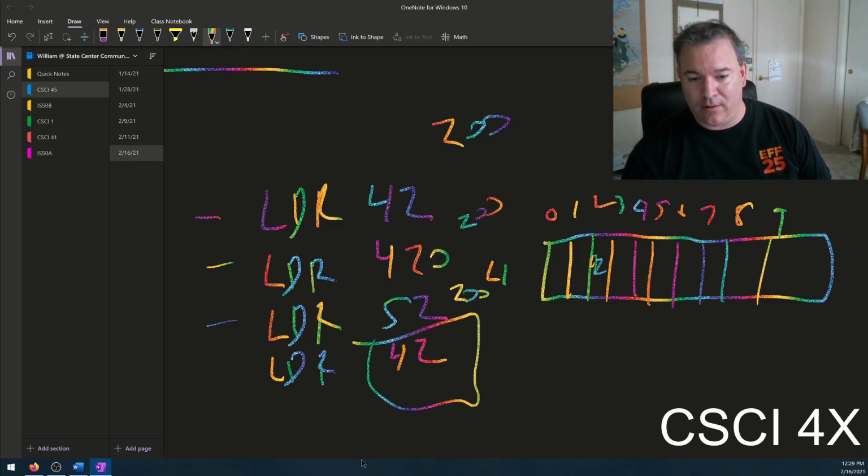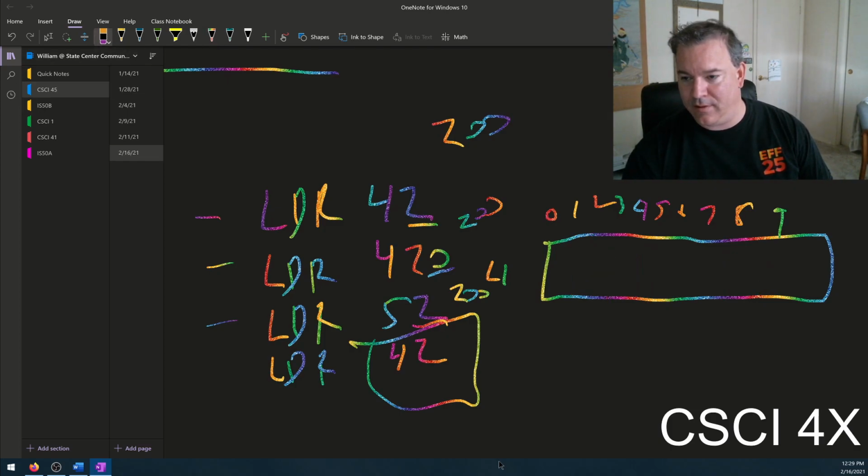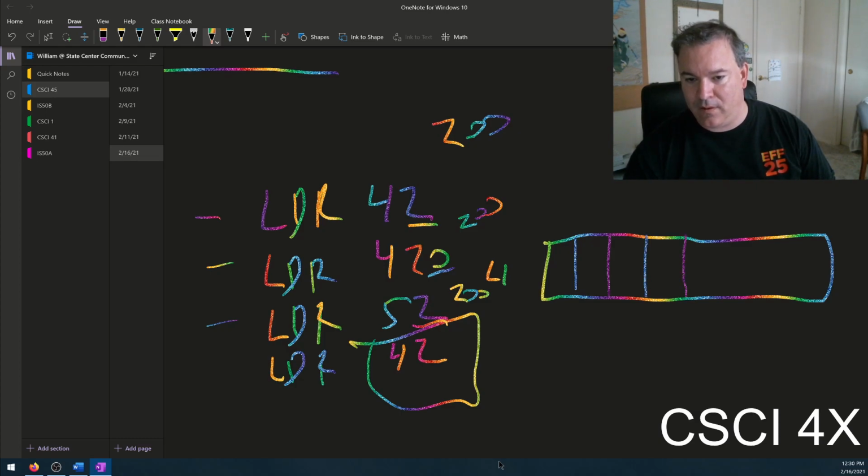But now we're loading somebody that we've loaded before. And we need to find out if he's still in L1 cache, or if he's in L2 cache, or if he's in L3 cache. So this guy's going to go into slot 2. This guy's going to go into slot 0. This guy's going to go into slot 2. So this guy is going to get knocked out of slot 2.